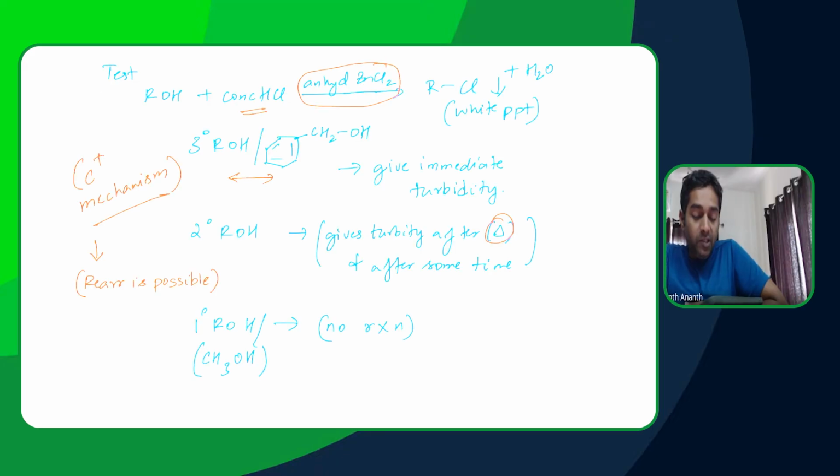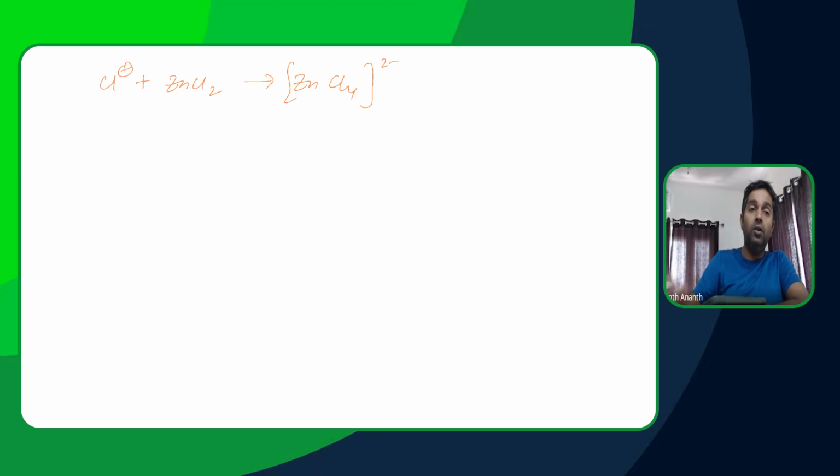Now, in this reaction, you're going to have a fairly straightforward mechanism. You'll have H plus, a water molecule is eliminated, and your water molecule can also form a zinc aqua complex, Zn(H2O)4 2+.